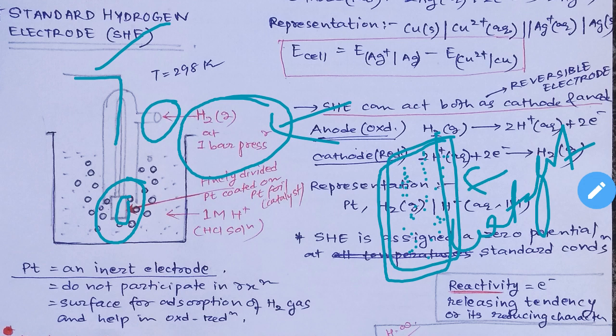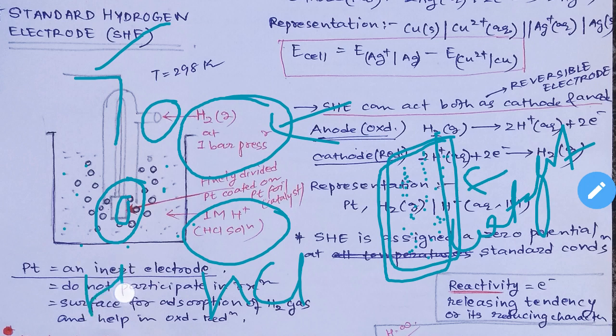And the solution which we take in this beaker is 1 molar H plus. We take HCl solution, or any aqueous solution where you get H plus ions.